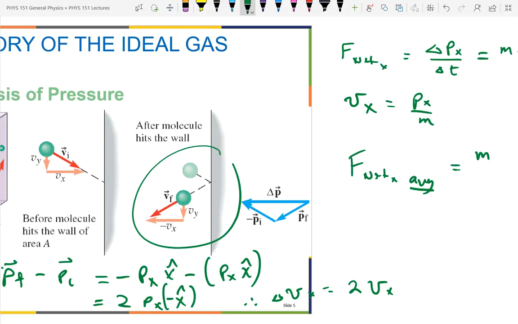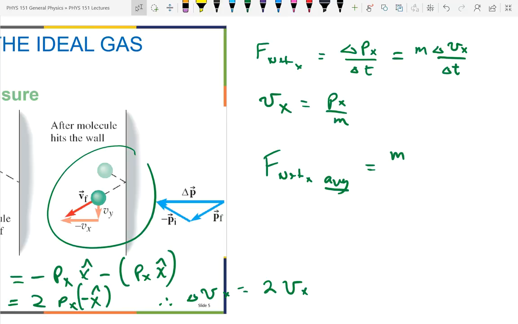I'm just looking at the magnitude. So the change in velocity for each collision is 2 times the velocity in the x direction. So for delta Vx, I'll put the change in velocity for each collision, and then I'm going to divide by the time between each collision. If I know Vx and I know the length of the box, I can get the time.